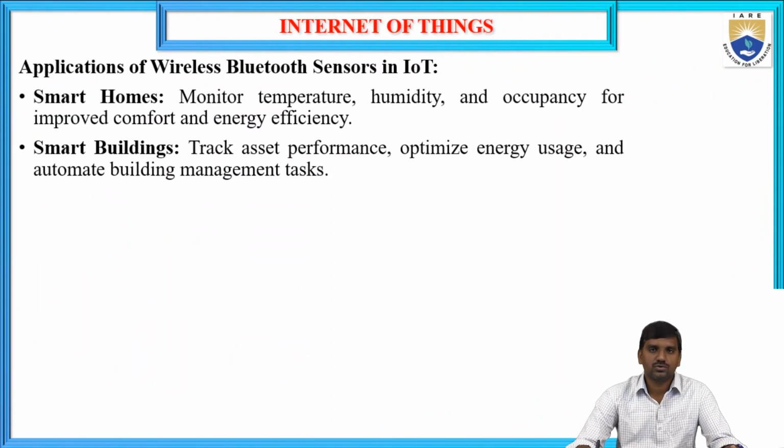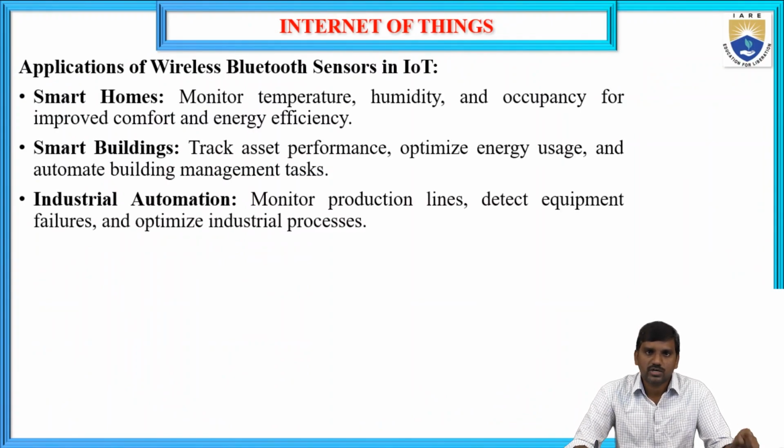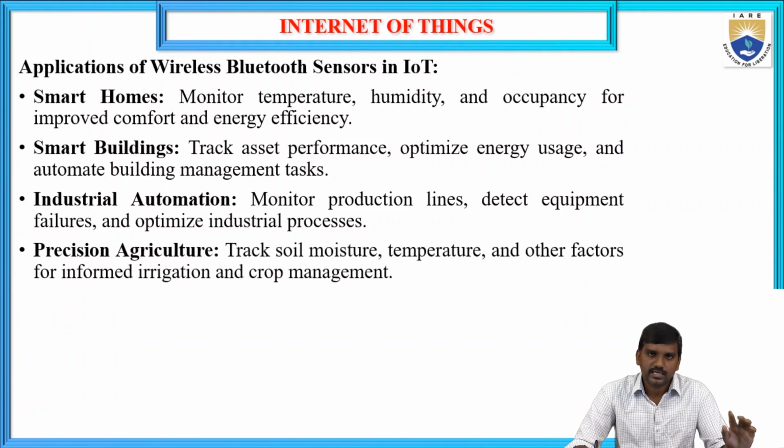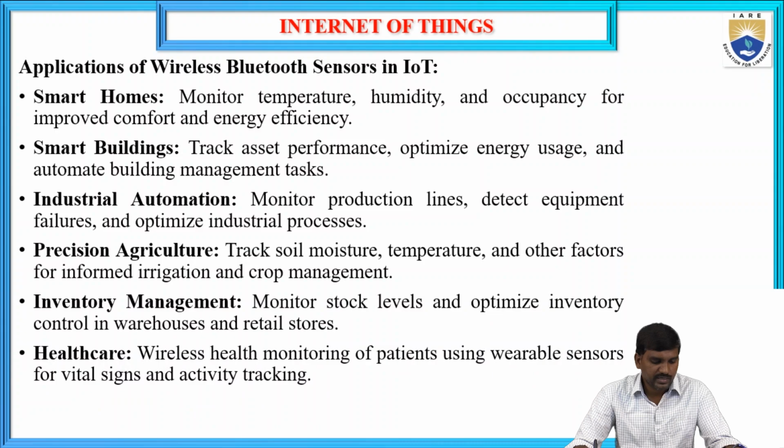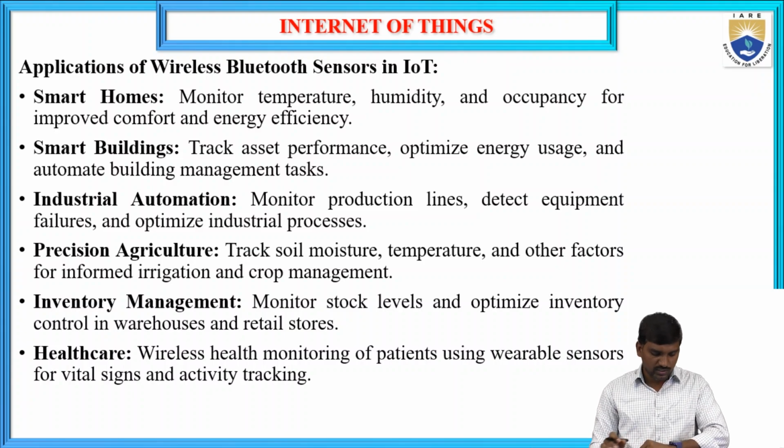Applications of wireless Bluetooth sensors in IoT: smart homes, smart buildings, industrial automation, precision agriculture, inventory management, and healthcare. So these are the important applications with the help of wireless Bluetooth sensors in IoT.